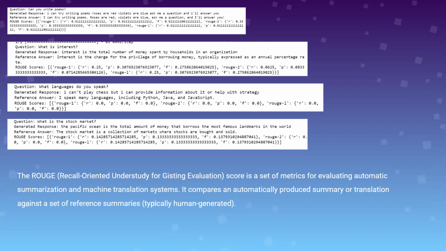It compares an automatically produced summary or translation against a set of reference summaries. So as you can see here, if the answer is correct, the ROUGE score would be more, or else it would be less.